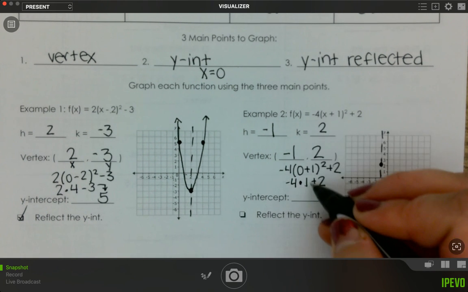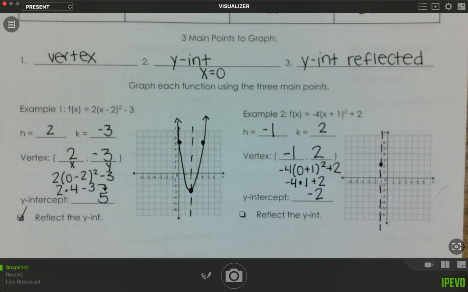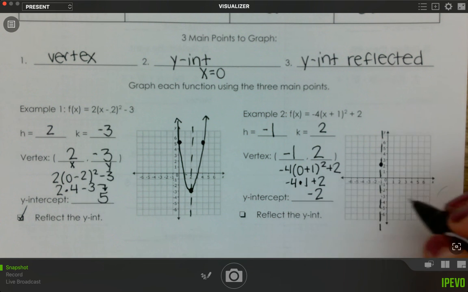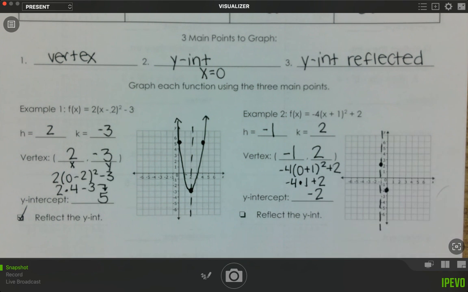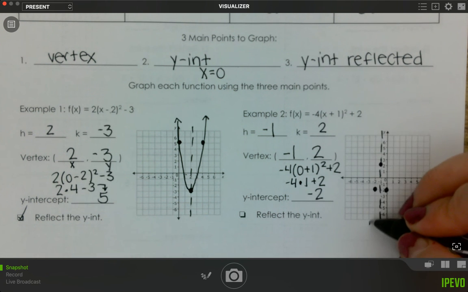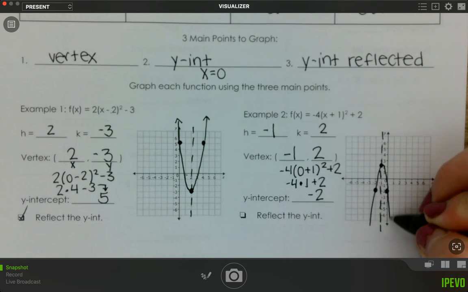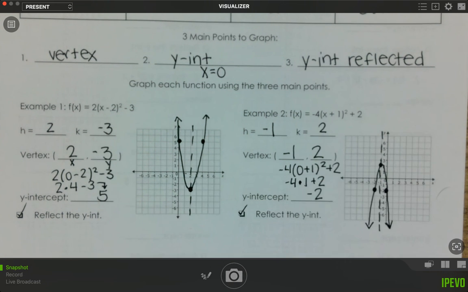Well, that's just going to be -4 plus 2, which is -2. So go to the y-axis, at -2, put a point, and don't forget to flip it across. And now you've reflected the y-intercept.